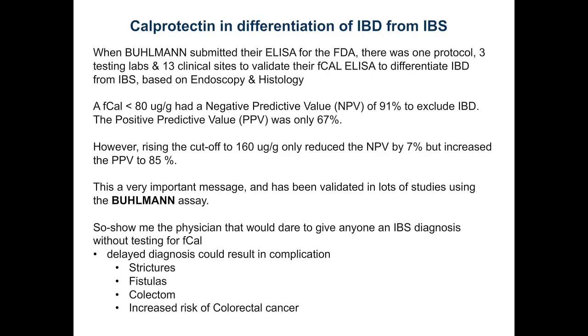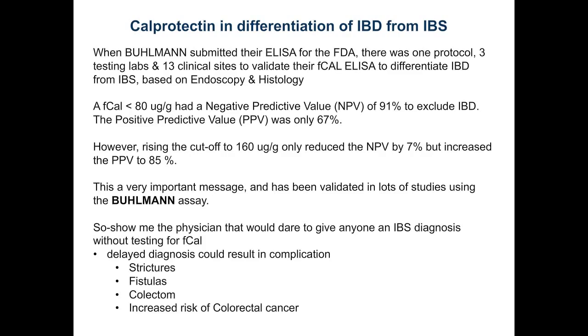Okay, so calprotectin in the differentiation of IBD from IBS. When Bühlmann submitted their ELISA for the FDA, there were 1 protocol, 3 testing labs, and 13 clinical sites to validate the fCal ELISA to differentiate IBD from IBS. And this was based on endoscopy and histology, which is, in my opinion, the only way to go.